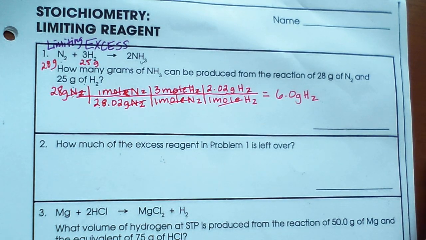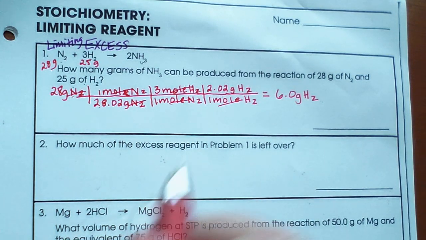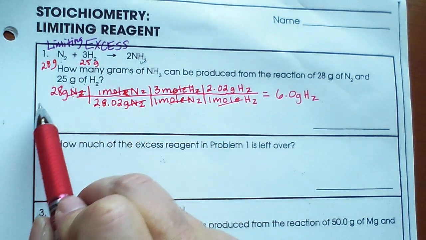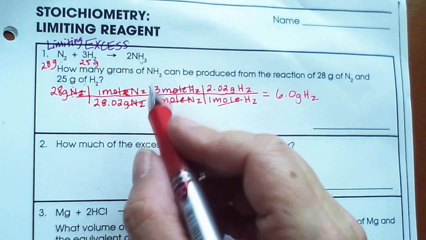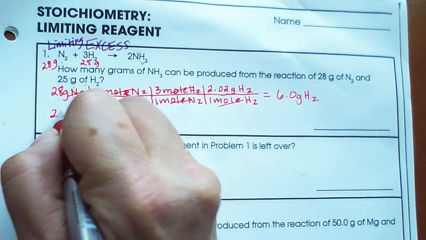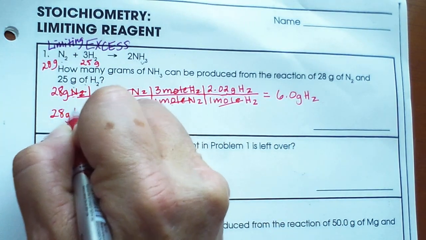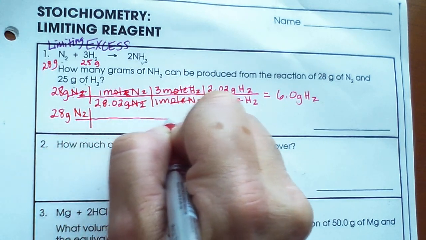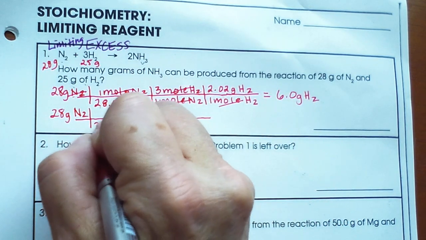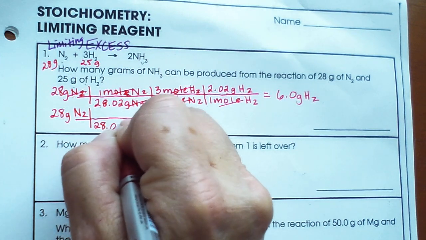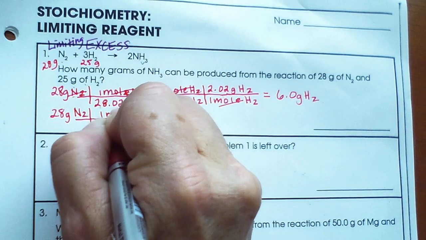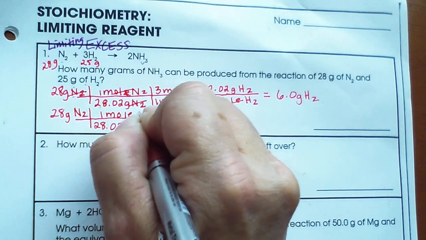So the next thing is, I want to know how many grams of ammonia I'm actually going to be able to make. So I'm going to start with the limiting one. So I'm going to start with my 28 grams of nitrogen, and I'm going to head over to my ammonia. So 28.02 grams of nitrogen, 1 mole of nitrogen.